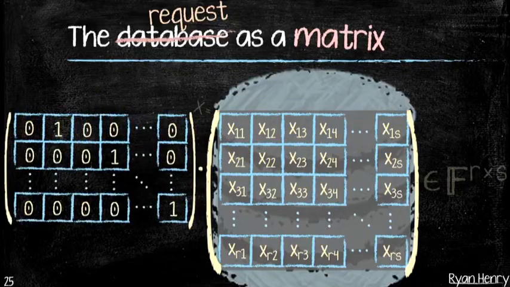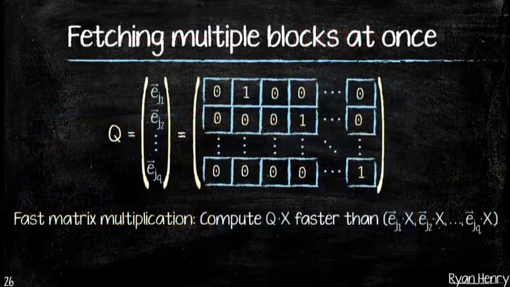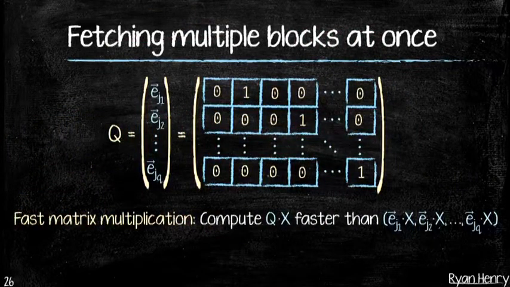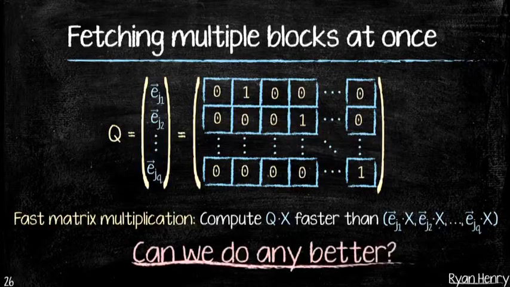And now rather than doing a vector matrix multiplication, you're doing a matrix matrix multiplication. One immediate observation is that the cost of multiplying two matrices, if you use a fast matrix multiplication algorithm, is a little bit lower than the cost of doing each row individually. So we can save a little bit of computation cost, but the communication cost doesn't change, and the computation cost doesn't change too dramatically. So can we do better than this?